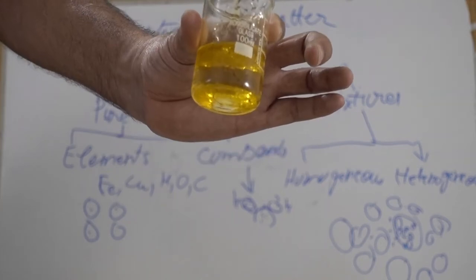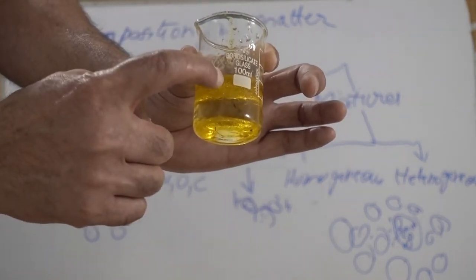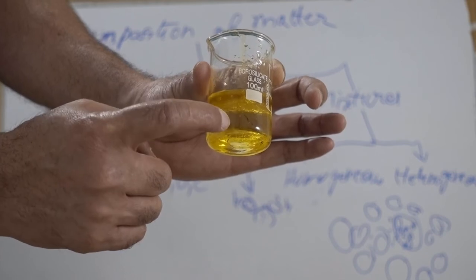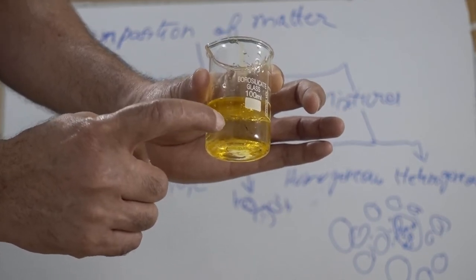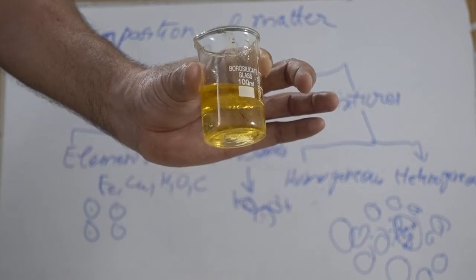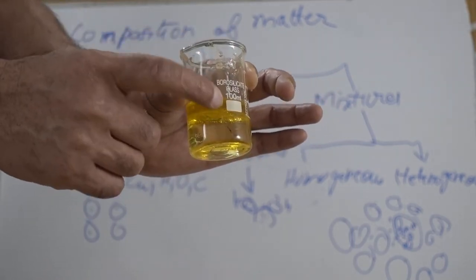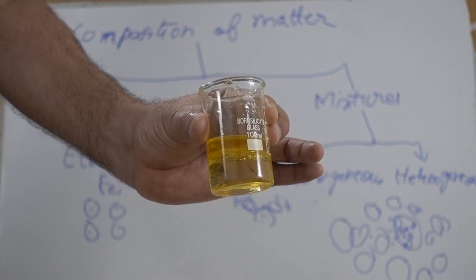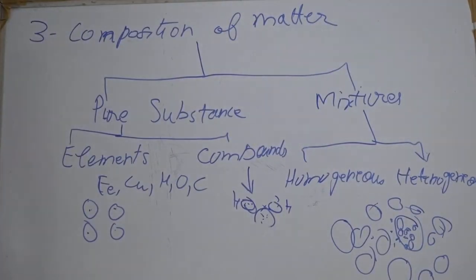Here at the top it's oil, with more oil and less water. Here more water, less oil. This is not a homogeneous mixture, and that's why these don't dissolve altogether. Such is a heterogeneous mixture. Homogeneous mixtures are called solutions.